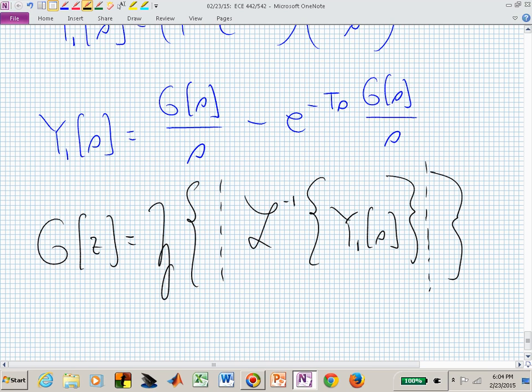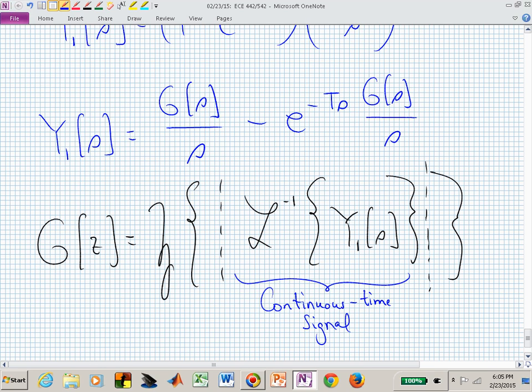Here's what we're trying to do. We have that script L inverse of y sub 1 of S, where y sub 1 of S is the Laplace transform of our unit pulse response. We want to take that into the time domain. That's what that script L inverse means. We want to inverse Laplace transform that to produce this piece right here, which is a continuous time signal.